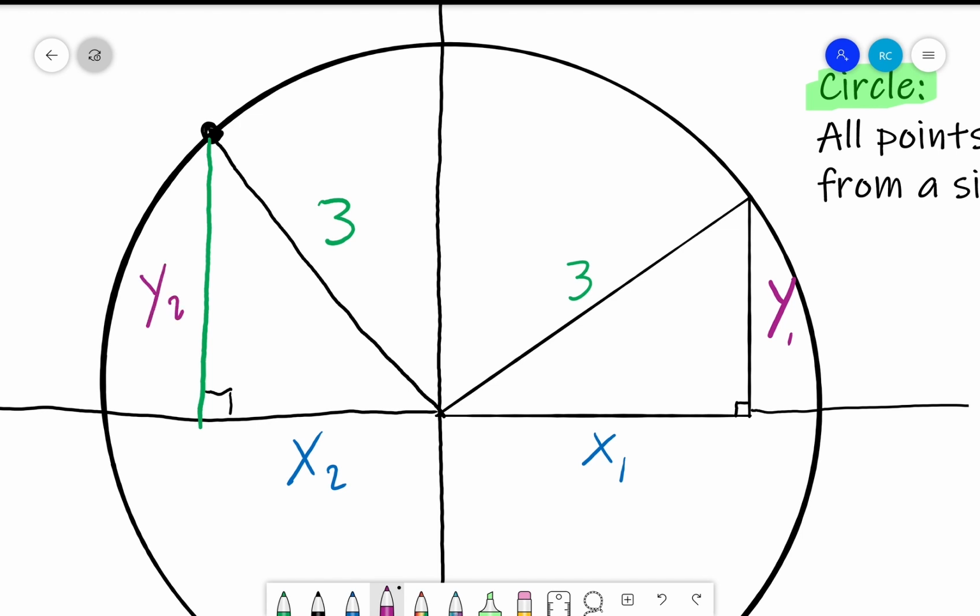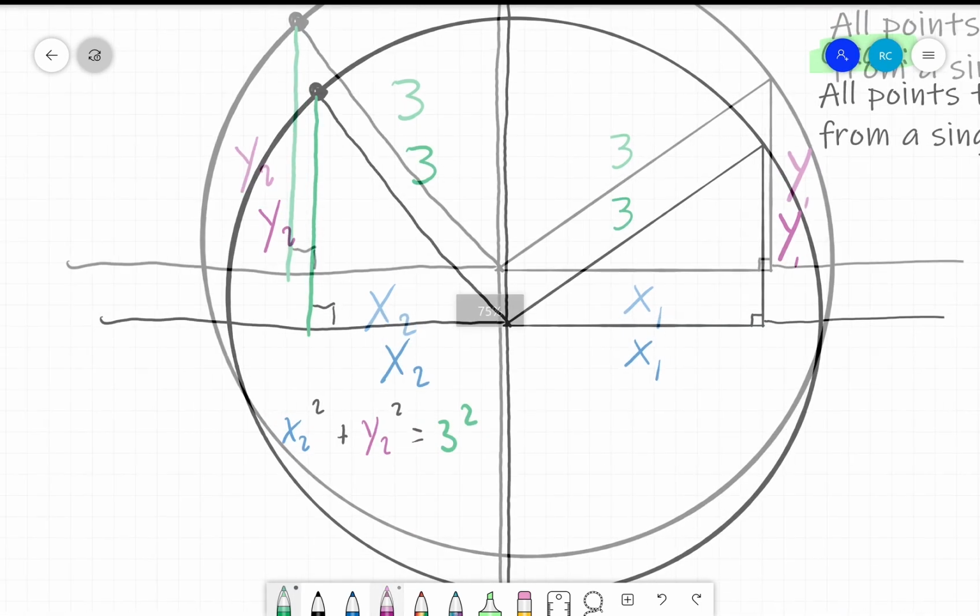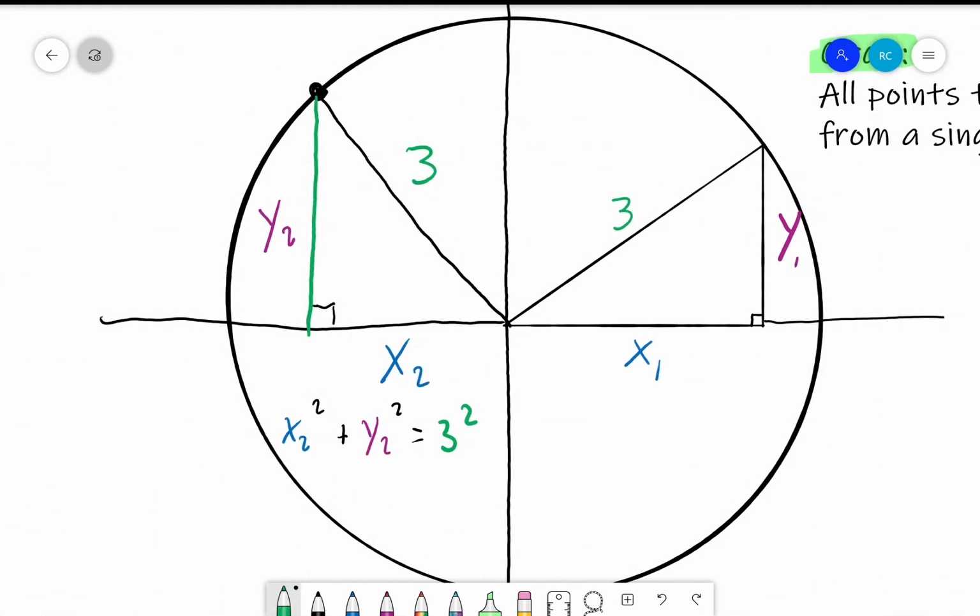I'm labeling them x2 and y2 because they are clearly not the same as the x and y from the first triangle, but the fact remains that the x value squared plus the y value squared still equals 3 squared. Because again, even though we are looking at a different point on the circle, the hypotenuse is still 3, so no matter what those two legs are, they will still follow the Pythagorean theorem.